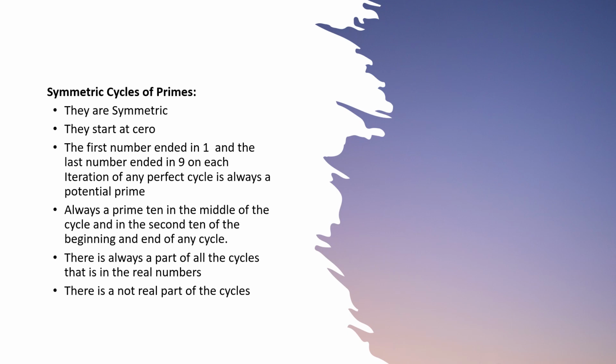Always a prime 10 in the middle of the cycle and in the second 10 of the beginning and end of any cycle. There is always a part of all the cycles that is in the real numbers line. There is a not real part of the cycles. There is a part of the cycle that is not real always.